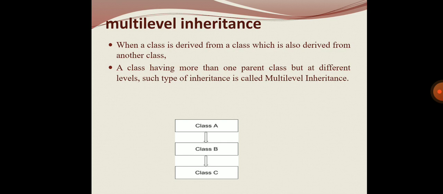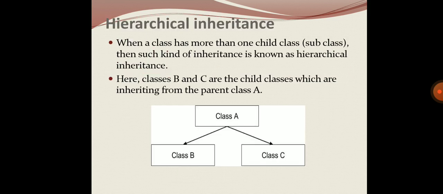In this example, class B inherits the property and behavior of class A, and C inherits the properties of class B. Class A is the parent of B and class B is the parent class of C. So class C implicitly inherits the properties and methods of A along with class B. So it is said to be multi-level inheritance.